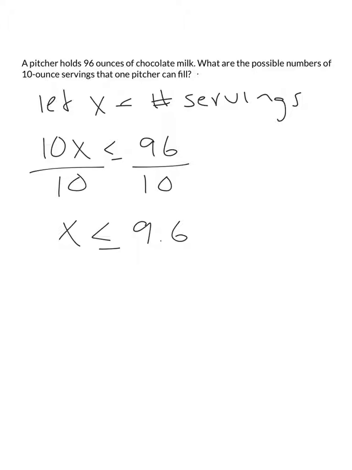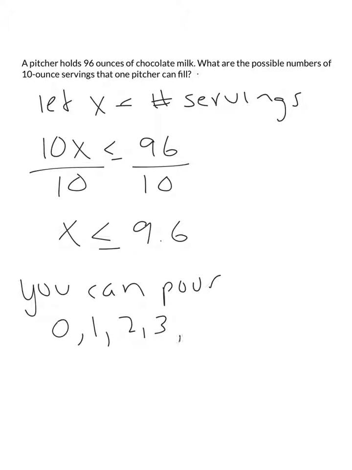And so you can pour 0, 1, 2, 3, 4, 5, 6, 7, 8, 9 servings.